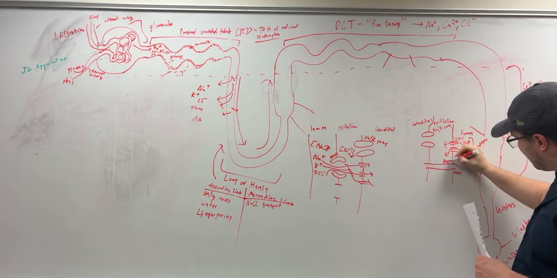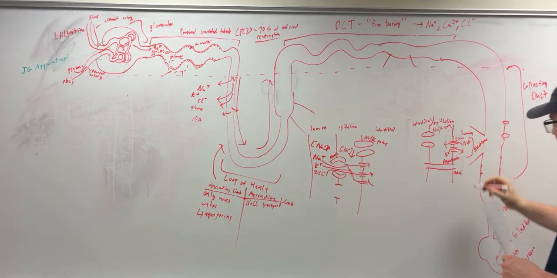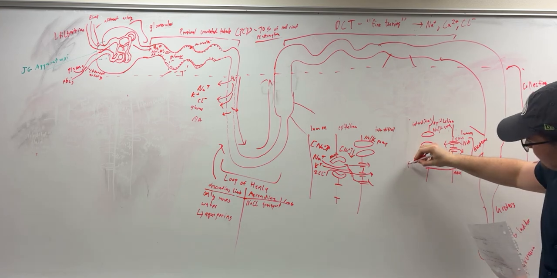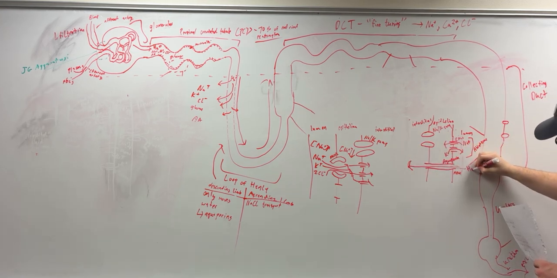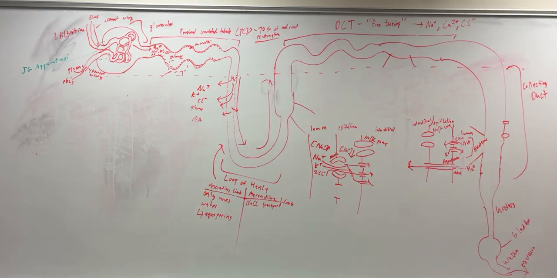So this is again an aquaporin, which is going to allow water, H2O, to be reabsorbed. And so that is it for, well actually there's one more element of the nephron I want to talk about, but that's the gross anatomy of the nephron.